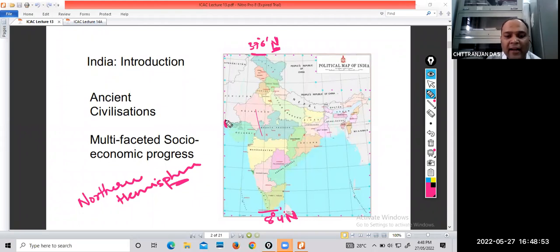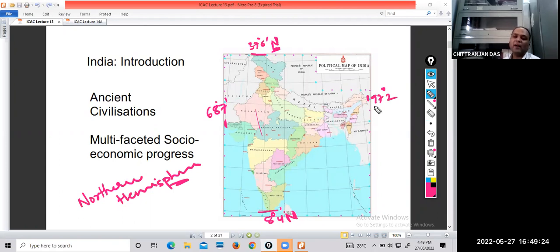Okay, and then from here, that is the Rann of Kutch to Arunachal Pradesh, and that is how much? It is 68 degree 7 minute to 97 degree 25 minute, yes, 97.2.